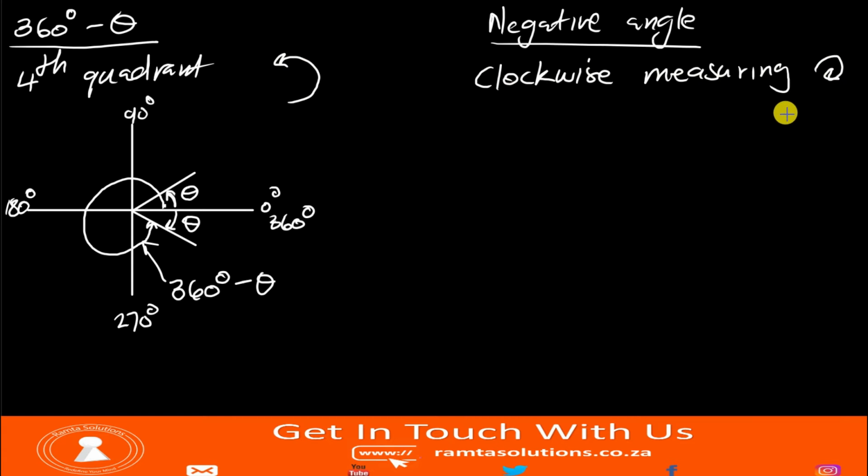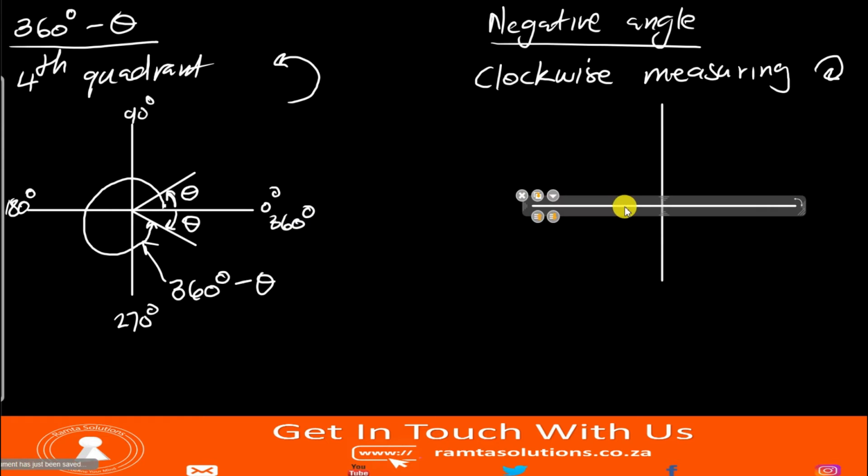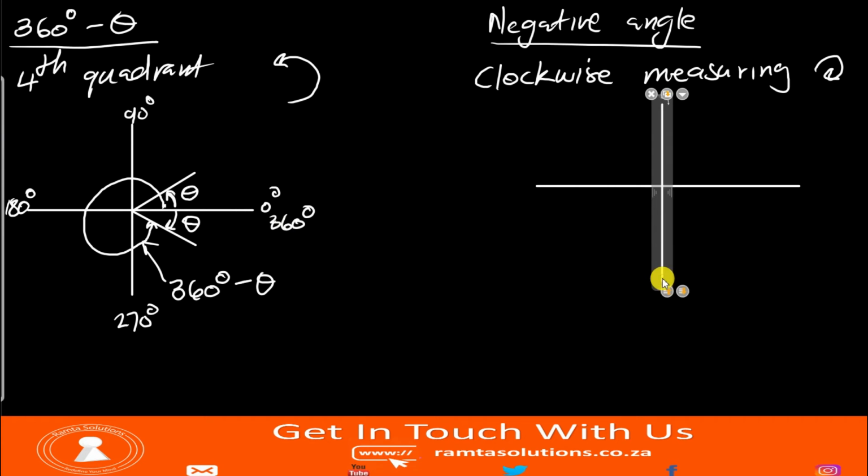Okay? So now what we are going to do is simply look at it from our Cartesian plane. I need to reduce it. Okay, maybe let me shift it a bit. Okay, it's fine.